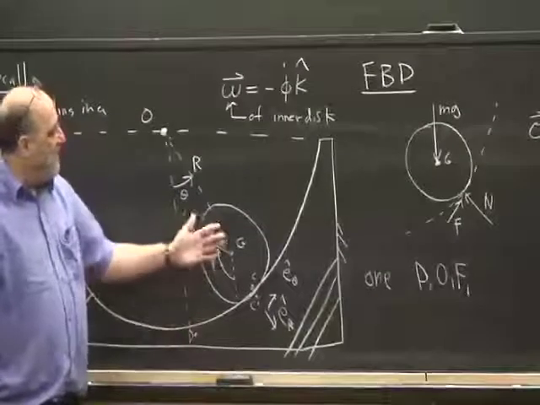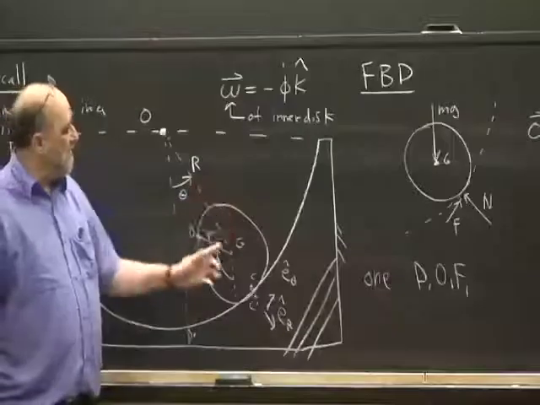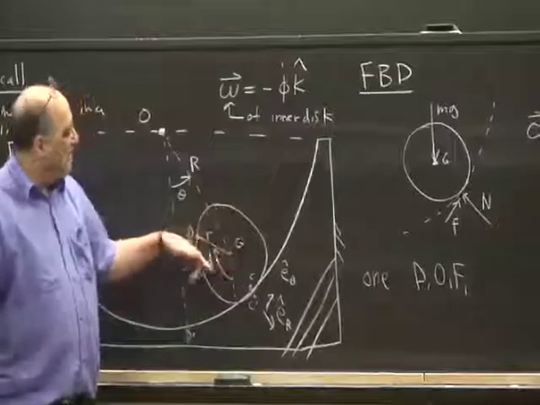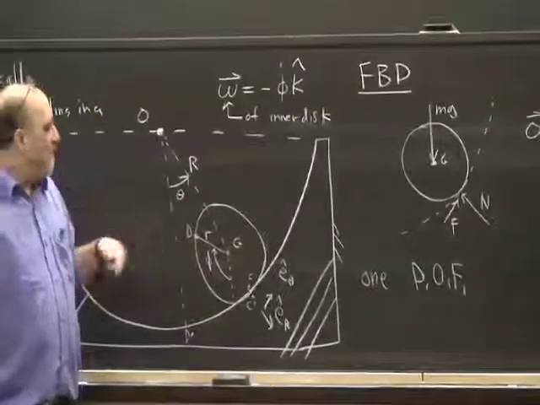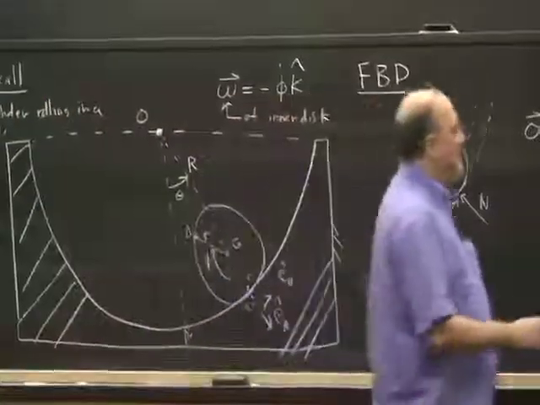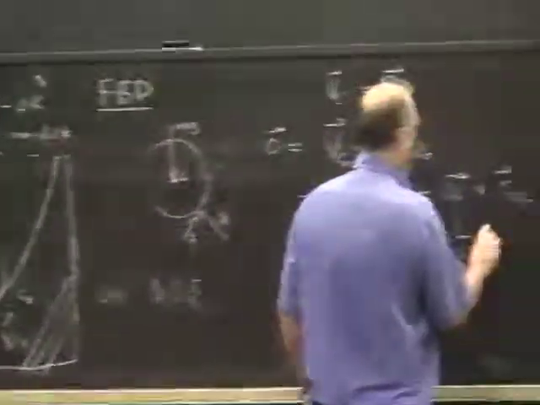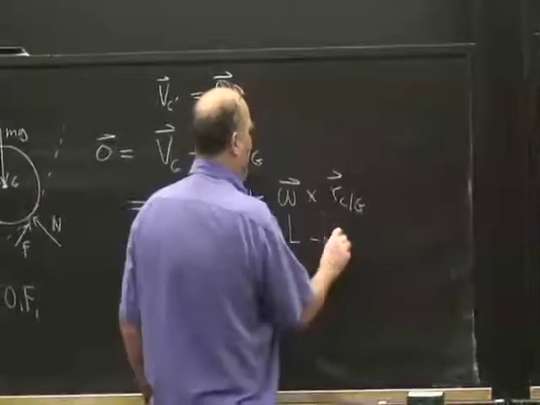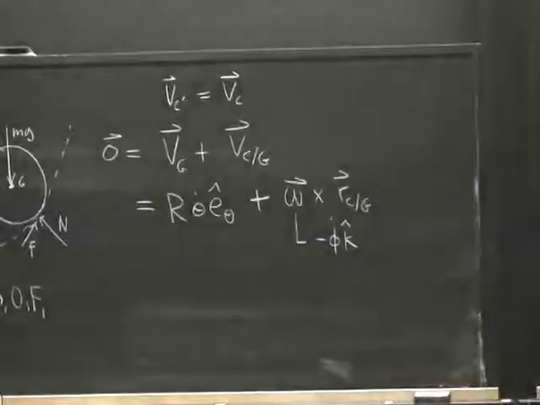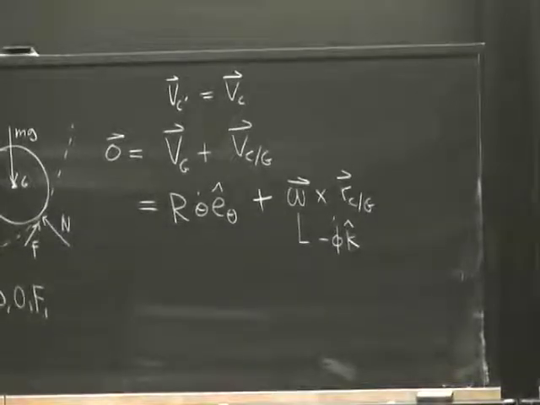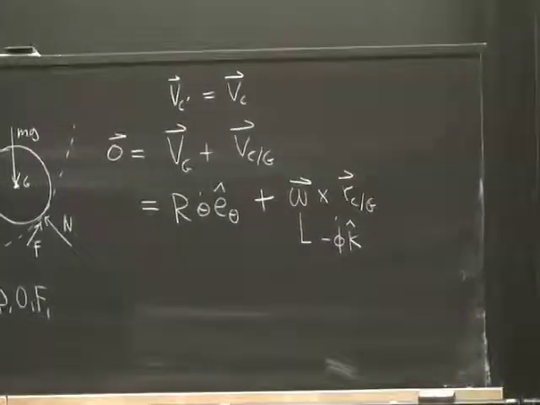So we can keep track of the angular orientation of this thing by how far it's rotated relative to where it was or would be if it was at the bottom. So we have this angle phi that we're paying attention to, and this omega then is minus phi dot k, because when in doubt, we'll always take the sign convention that counterclockwise is positive for omega.